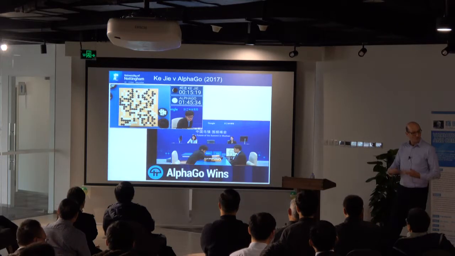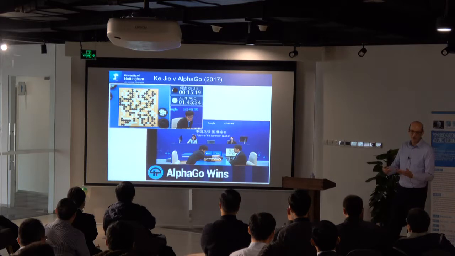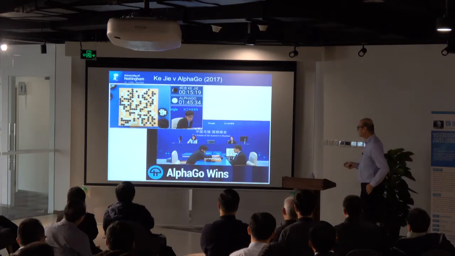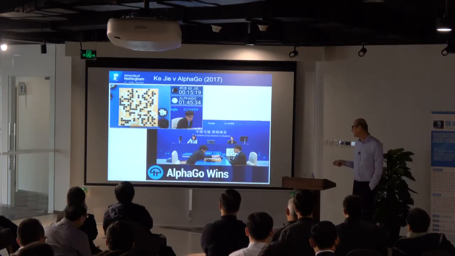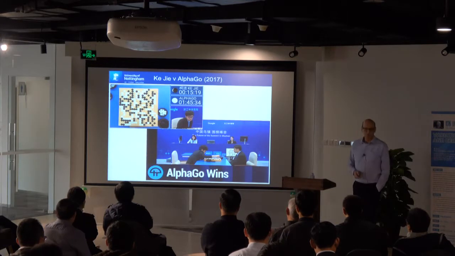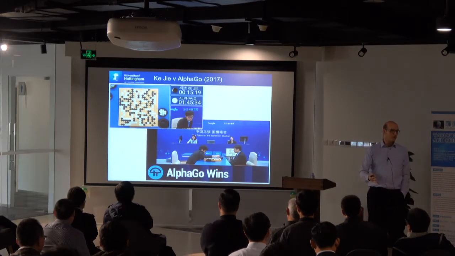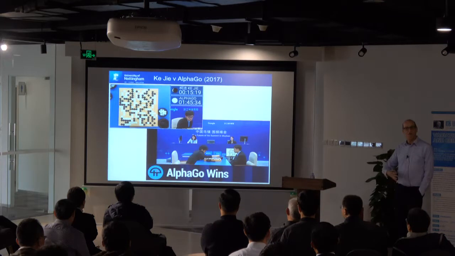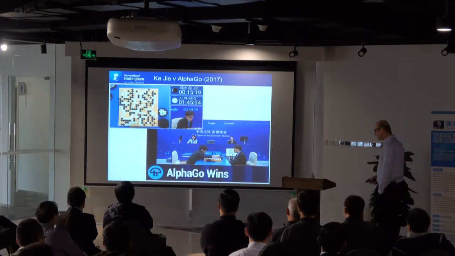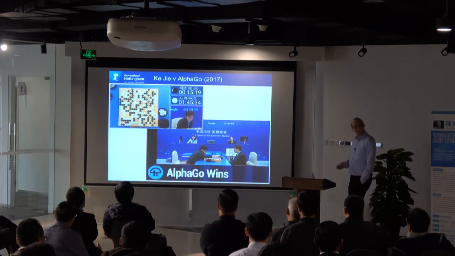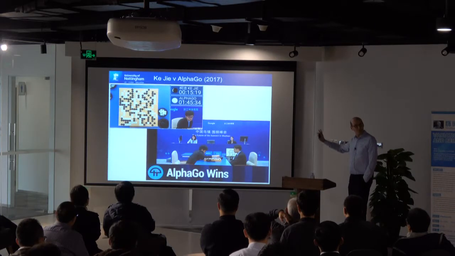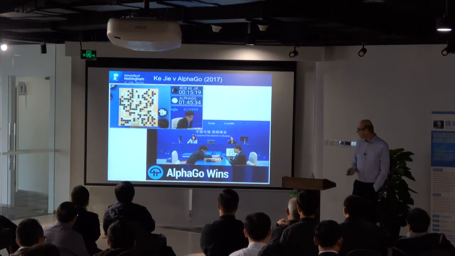It's taken computers 20 years longer to get to the level of intelligence required to beat the best human player. So now the computer is superhuman. It's better than the best human in the world. Again, it's still not perfect, but it's better than the best human in the world.